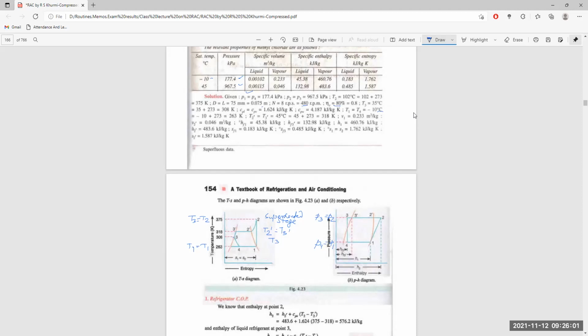It releases the latent heat between the stages T2 dash and 3 dash, and it is subcooled further to reach the temperature T3 when the total condensation process is complete. That is, T3 is given as 35 degrees centigrade, 35 plus 273 is equal to 308 Kelvin.